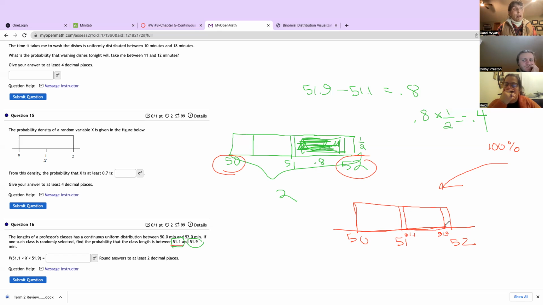In order to figure out this probability, I figure out the area of this rectangle in between. So I am looking for the area of this little rectangle right here. What I'm asking is, what portion of the big rectangle is this yellow rectangle? And that tells me my probability.